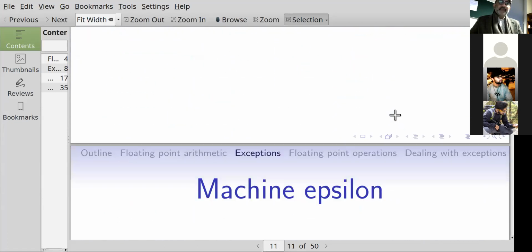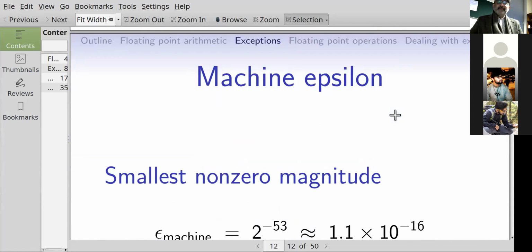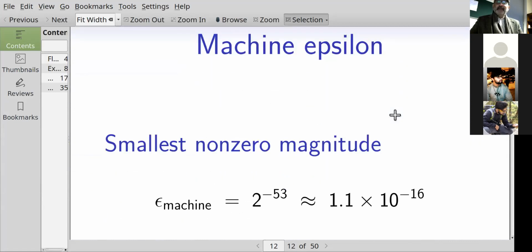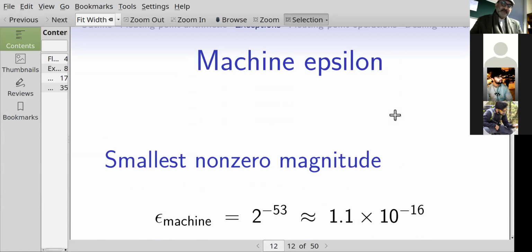Okay, and we had the idea of the machine epsilon. With this representation, the smallest non-zero positive number that you could come up with would be 2 to the minus 53, which is roughly 1.1 times 10 to the minus 16. Okay, and so that's useful to know.